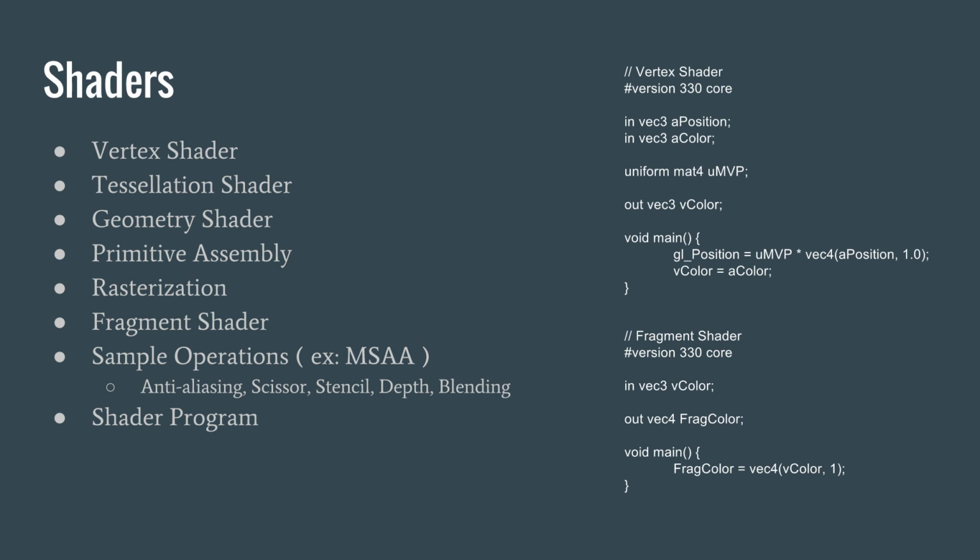And then after the fragment shader, you get to the sample operations. That's where anti-aliasing comes in, which is, especially like in MS Paint or something like that, if you can imagine using the pencil tool, where you can super see the stair stepping thing, that's when it's aliased.